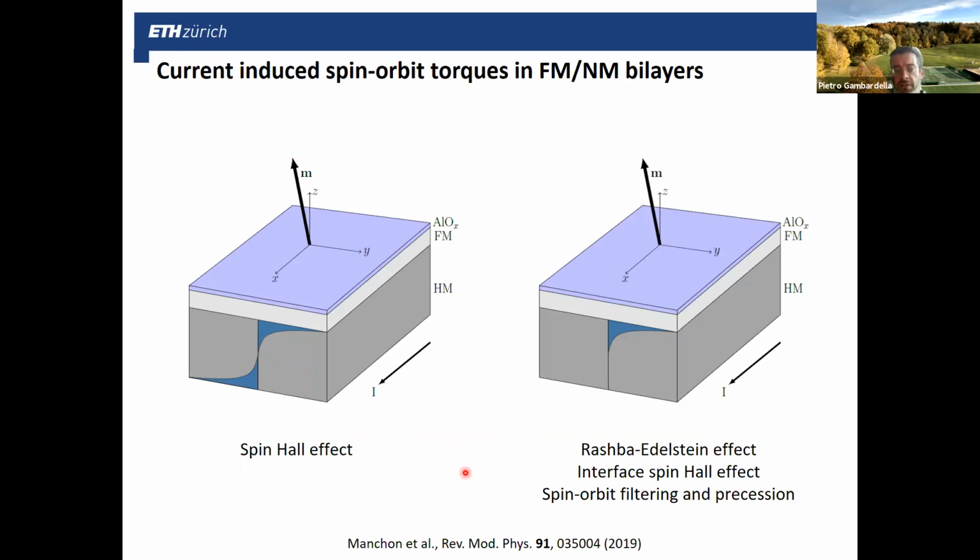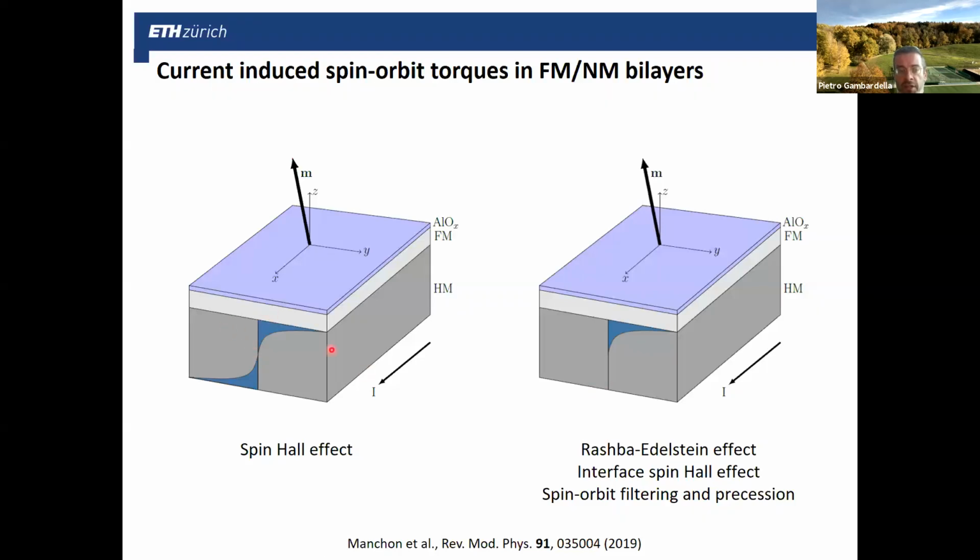Okay, so that's about sensing, but then very interestingly, one can also use the spin current to manipulate the magnetization of a magnetic layer, for example. So here it doesn't matter much which mechanism induces the spin accumulation. It can be the spin Hall effect, it can be an interfacial effect.